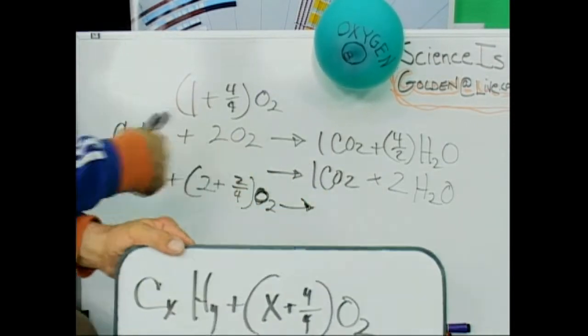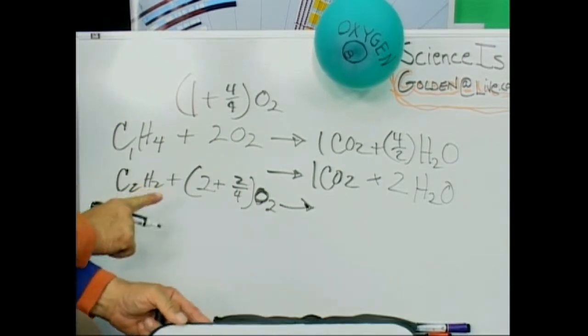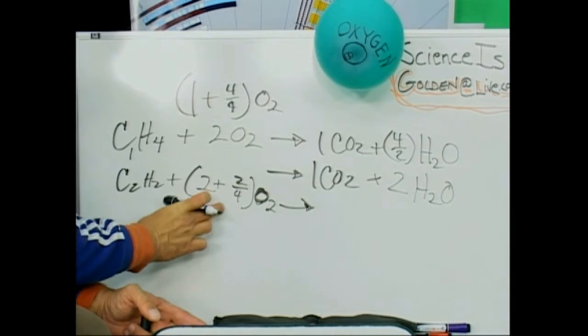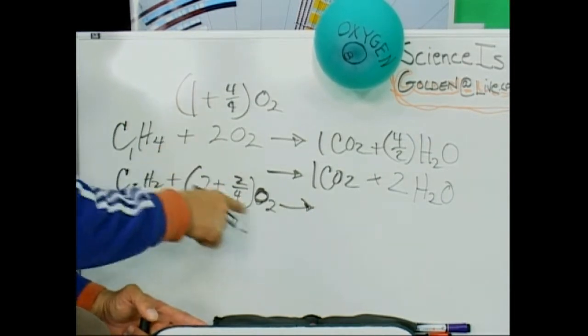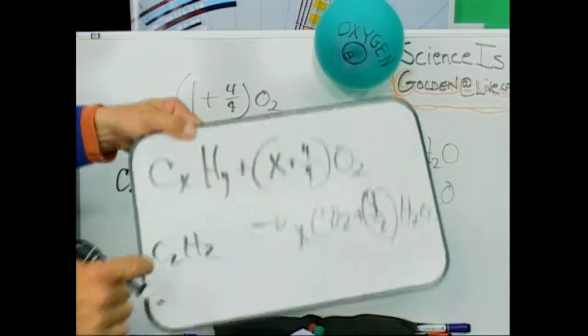That's on the left side of the arrow. This is like an equals sign, because whatever's on this side is going to have to equal what's on that side. The reactants are going to equal the products. So we're reacting O2 with a carbon source, in this case ethylene, C2H2.